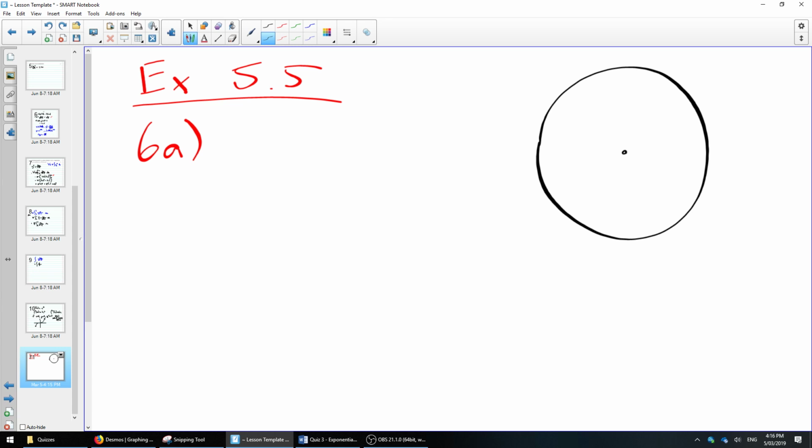So let's just draw it like that. And then we want to find the length of that chord there. I'm going to put it in red because that's what we're trying to find. What we're also told is this is pi over 6. This is 5. That's also obviously 5.